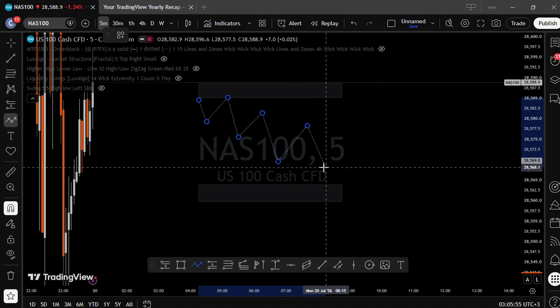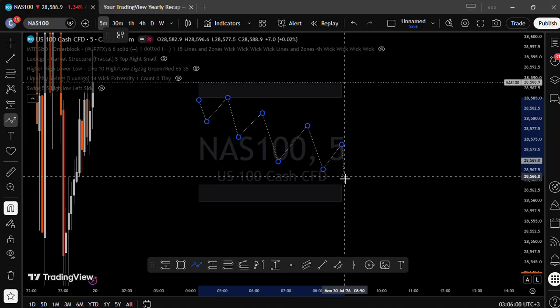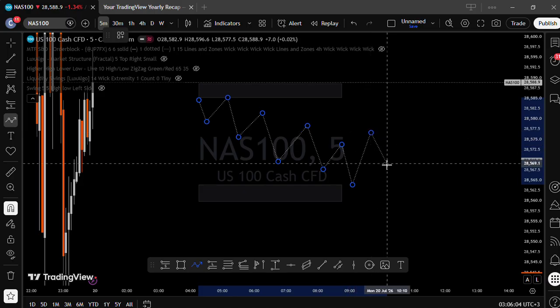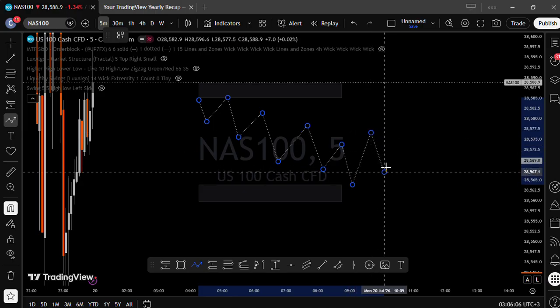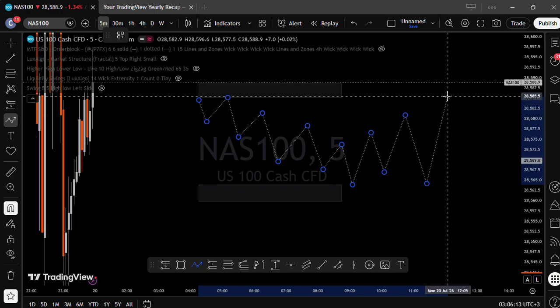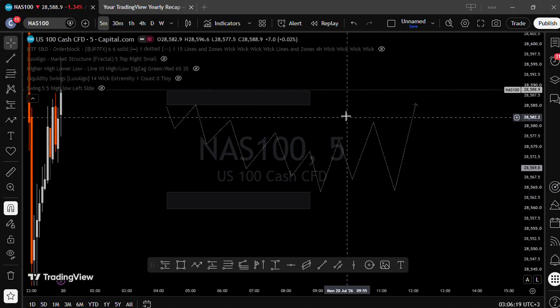Trend analysis is king, and honestly, that forms the basis of any strategy that is there. So that also forms part and parcel of my mode of trading.